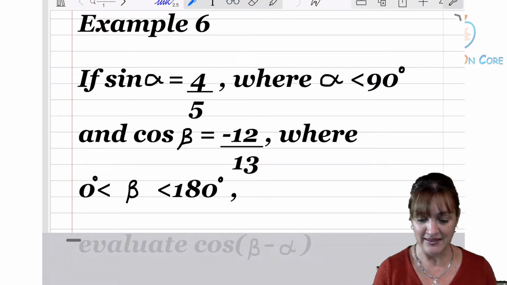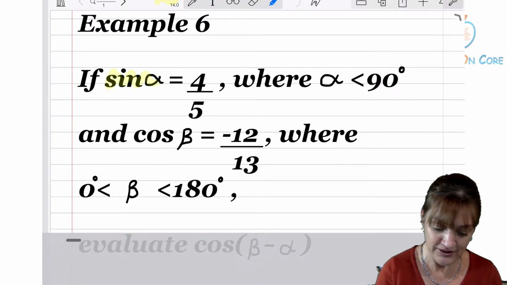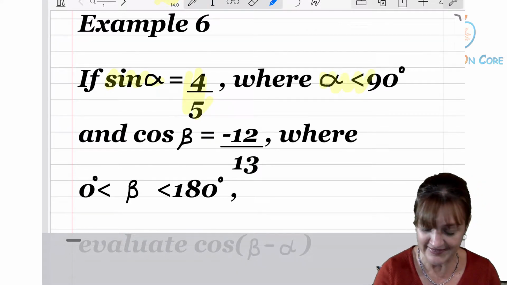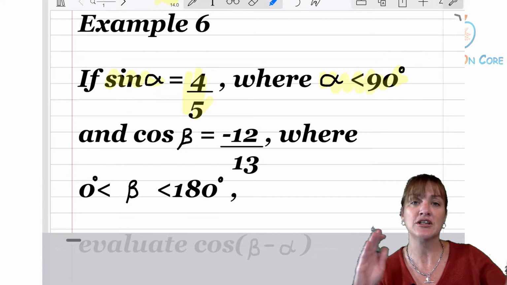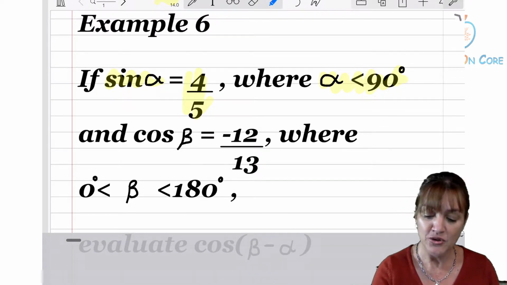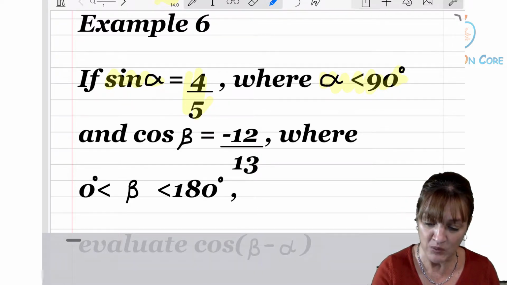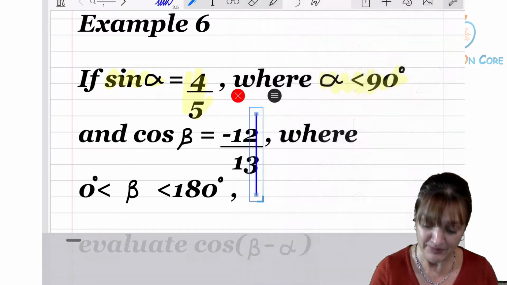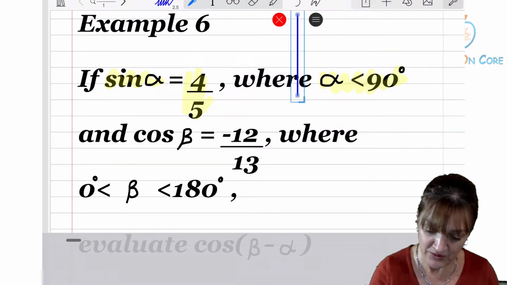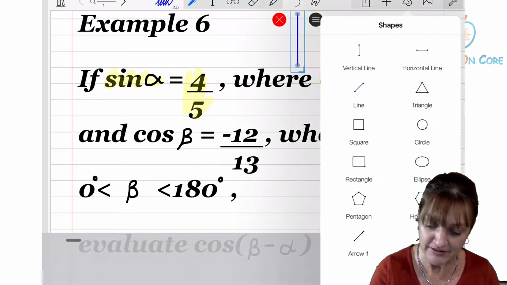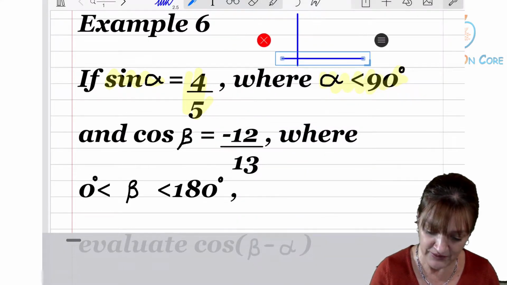As soon as you've been given a trig ratio and you've been given the size of the angle or a restriction of where the angle belongs, you most definitely want to do yourself a diagram, okay? And by a diagram, I mean you want to give yourself a Cartesian plane.